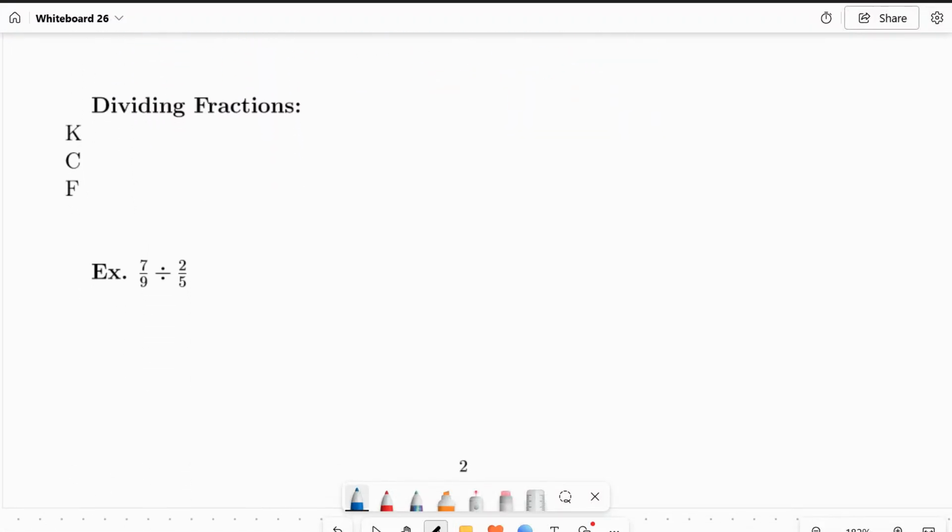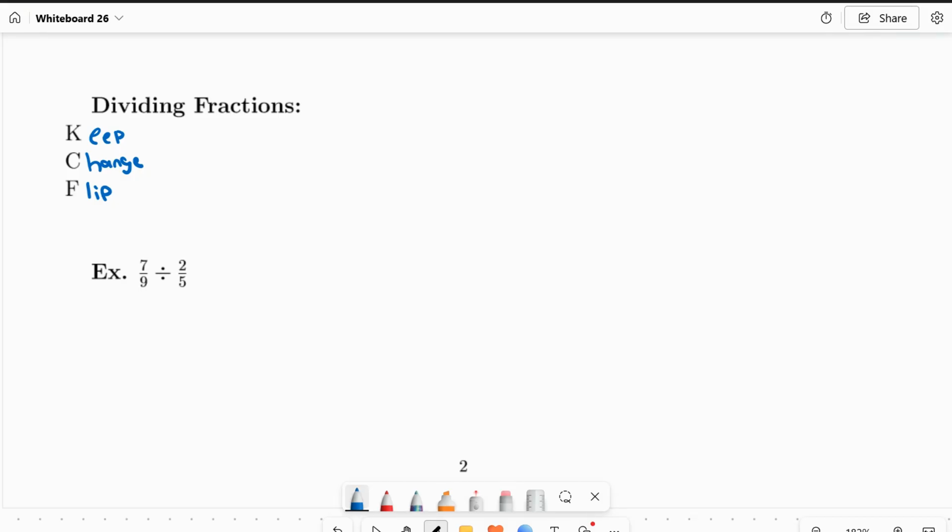Okay, the final topic here is dividing fractions. We have a little acronym for dividing fractions. We call this the keep, change, flip method.